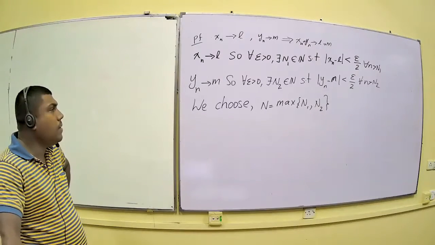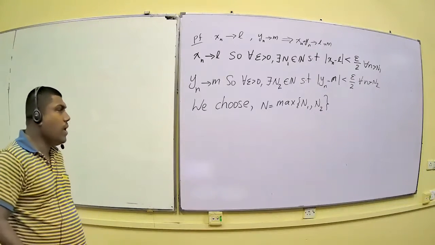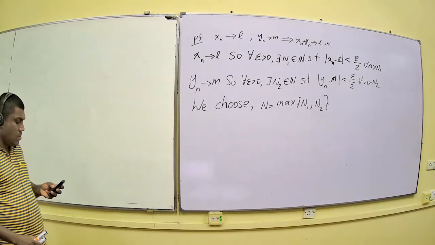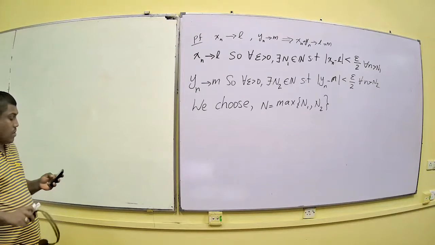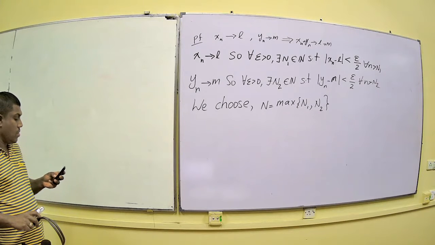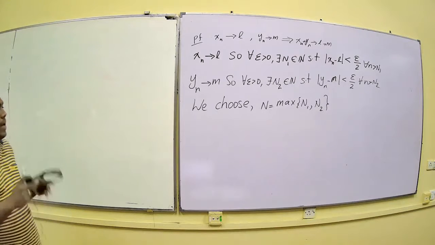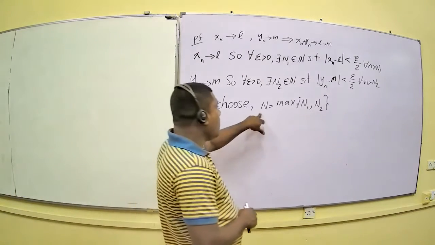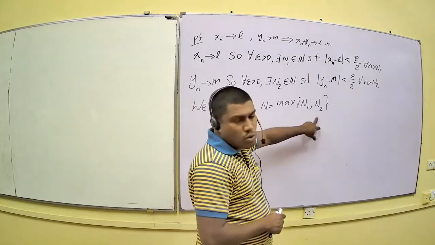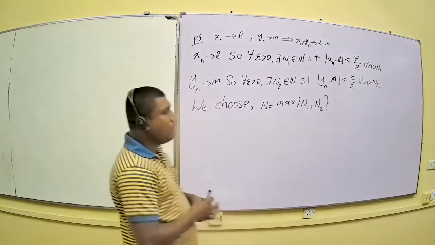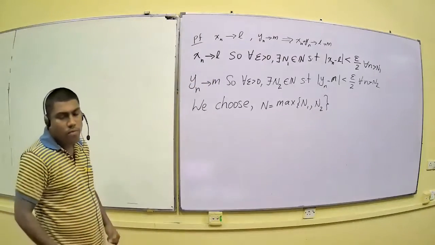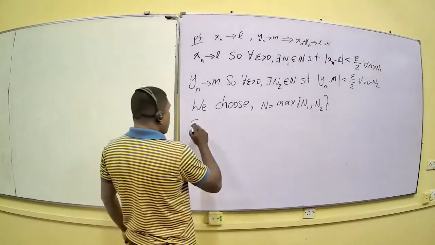If N is the maximum of n1 and n2, then for every n greater than N, we will say that n is greater than n1 and n is greater than n2, because N is the maximum of both n1 and n2. So therefore, those two inequalities hold for every n greater than N.